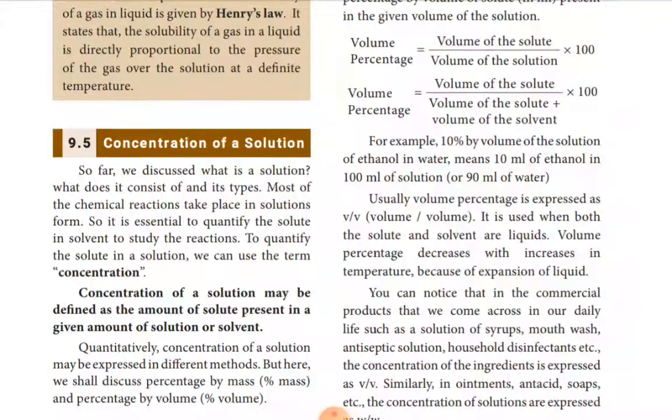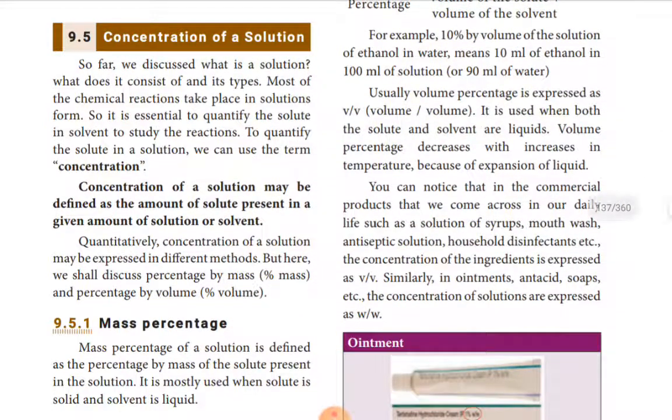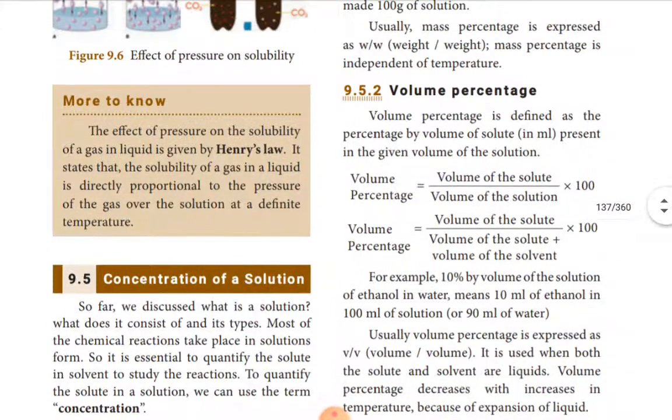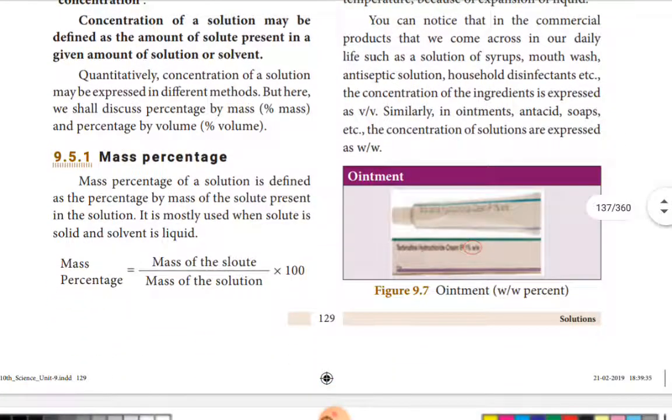Similarly, in ointment, antacid, soap, etc., the concentration of solution is expressed as W per W, that is weight per weight. So this type of quantitative measurement is used to represent the concentration.